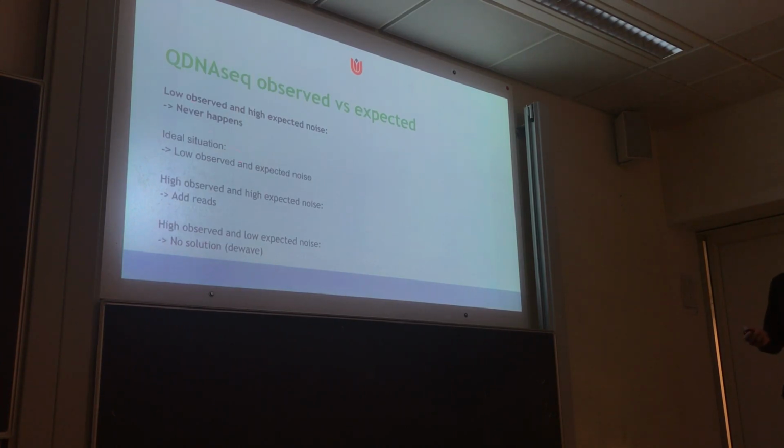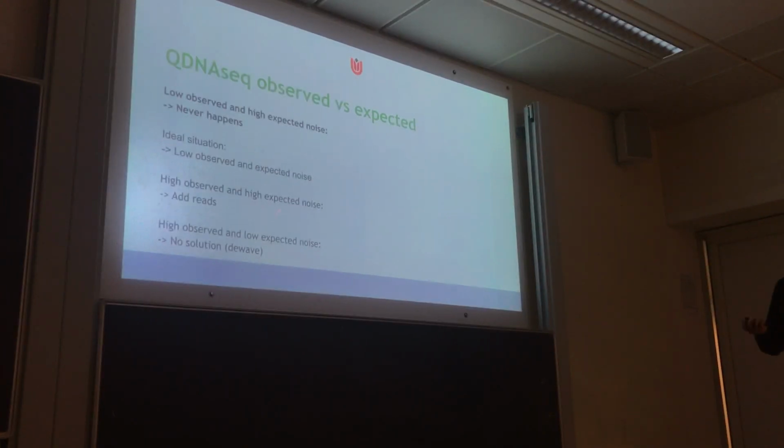Just to summarize what you should do if you have done this quality assessment. If there's a low observed and a high expected noise, that goes against the laws of statistics. It means you get exactly the number of reads that you'd expect, but there's none of the variation that you'd expect. It's essentially like throwing a dice and getting 1, 2, 3, 4, 5, 6 exactly the same number of times.